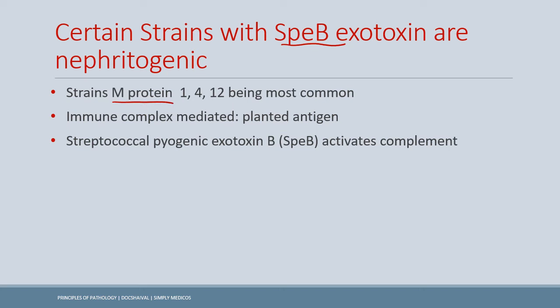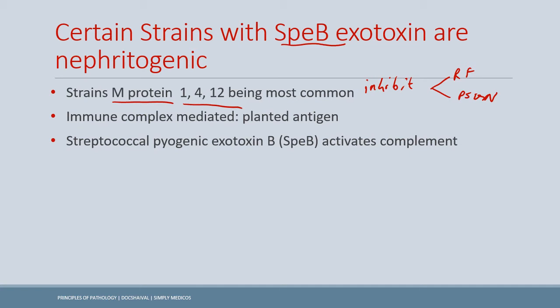It's a protein antigen, so it's antigenic, and it is also a virulence factor, so it inhibits phagocytosis. Because of antigenicity it would cause RF, rheumatic fever, and the second one is PSGN. The particular strains for PSGN are 1, 4, 12, and there are other strains for rheumatic fever.